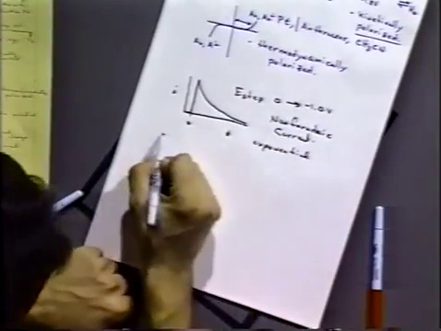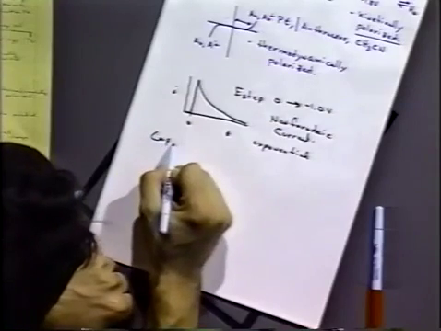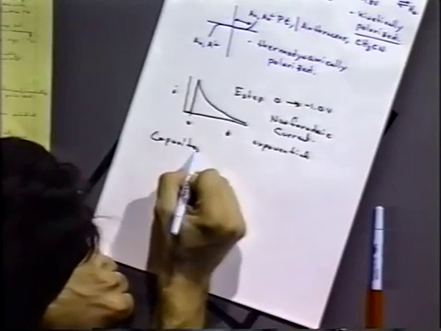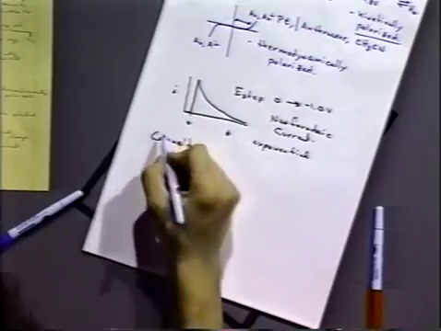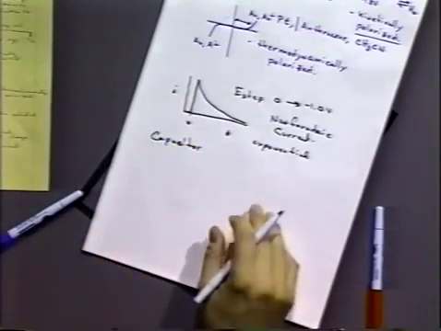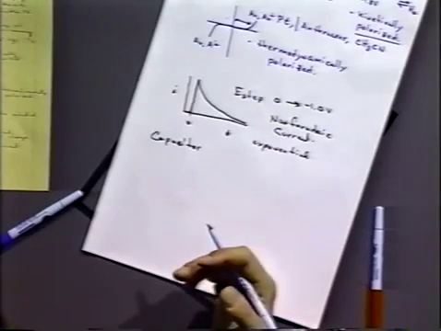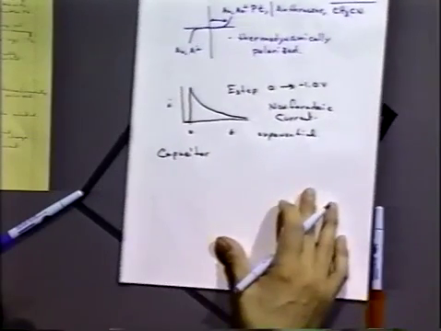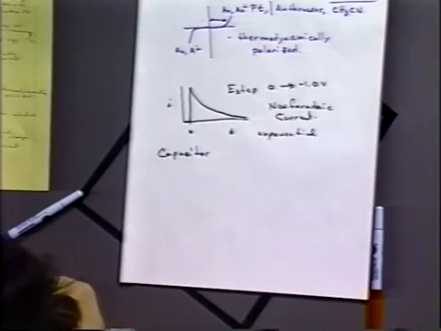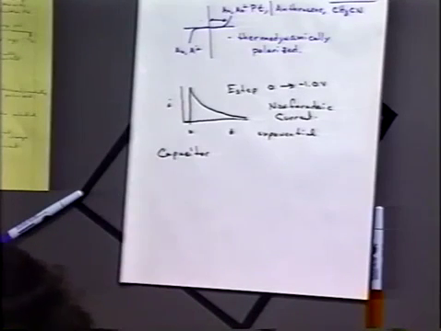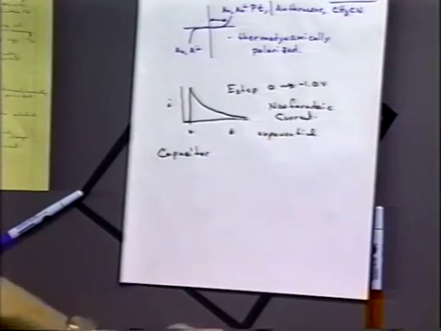And in fact, this looks exactly like the current you'd see at a capacitor. If we take a capacitor, and remember, a capacitor is a device that they use in electronics to store charge on metal plates or conducting plates. And if we step the potential on a capacitor, we get these sorts of exponential curves.